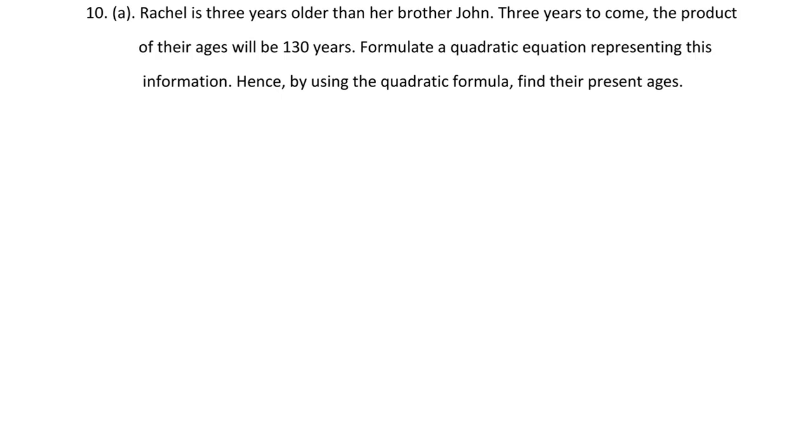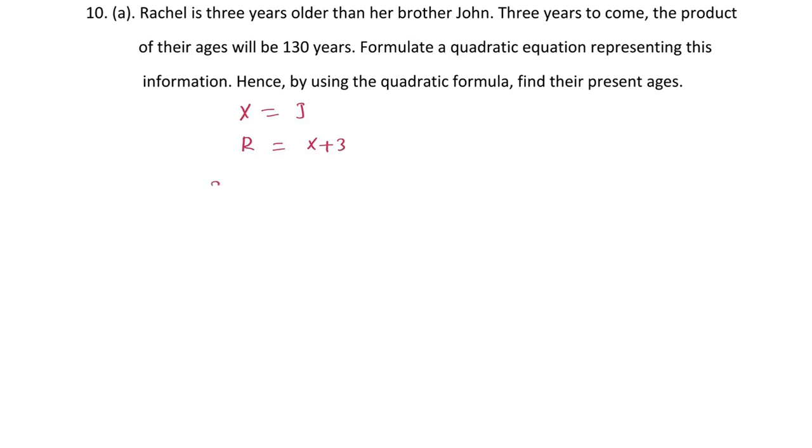Okay, so this is the algebraic problem. Let us represent their ages by letting x equal John's age. Rachel is 3 years older, then we are going to have x plus 3.